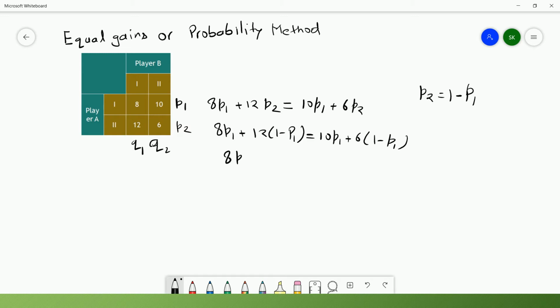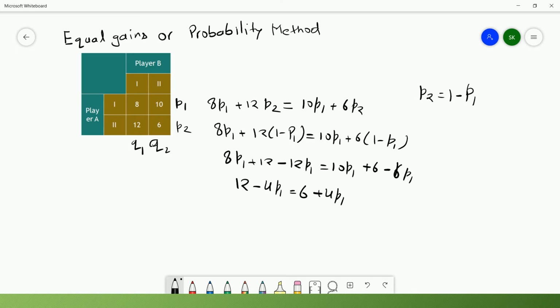So this will be 8P1 plus 12 minus 12P1 equal to 10P1 plus 6 minus 6P1. So here we will get 12 minus 4P1. Here we will get 6 plus 4P1.